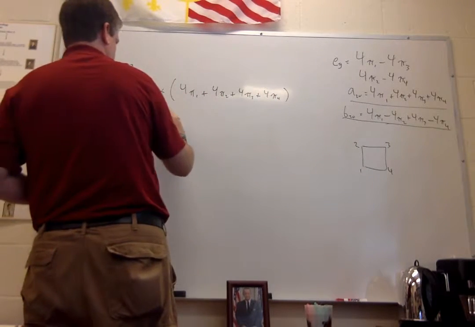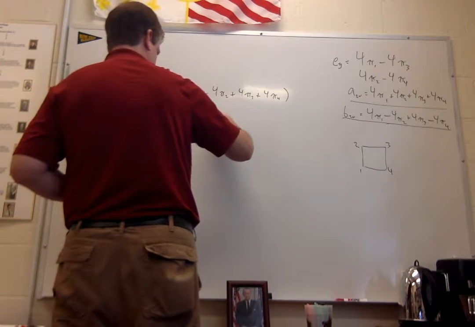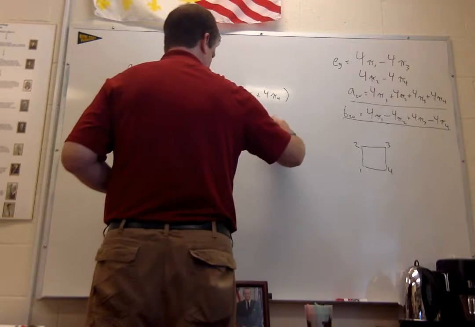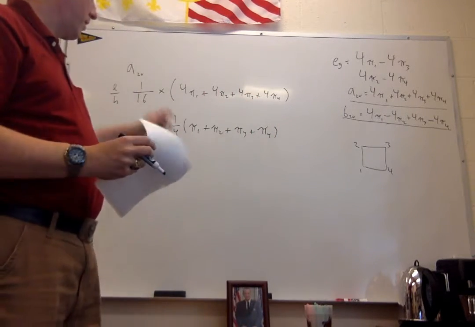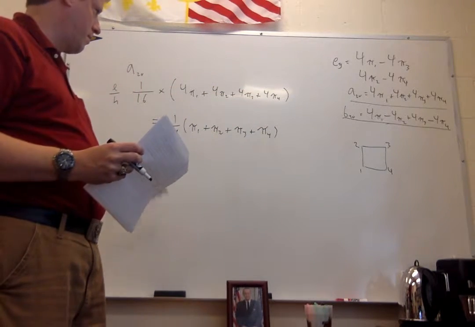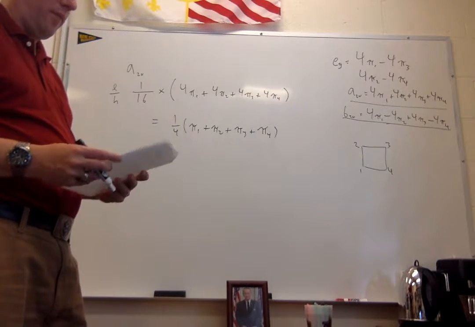That gives us 1/4 (pi 1 plus pi 2 plus pi 3 plus pi 4), because I get 4 over 16 for each one of these coefficients, that reduces to 1/4. Then I can factor out the 1/4 like that.